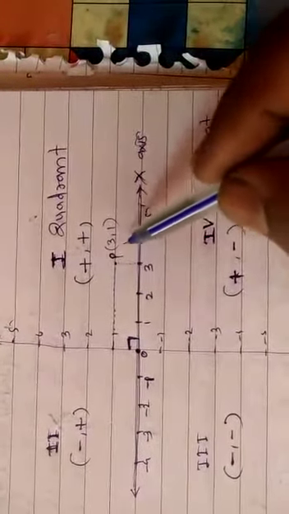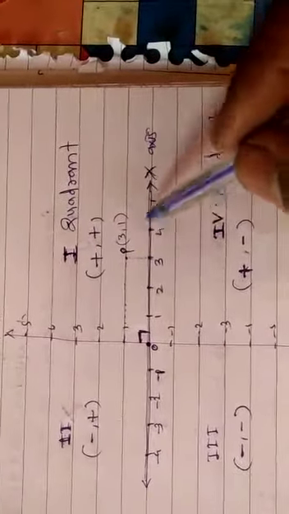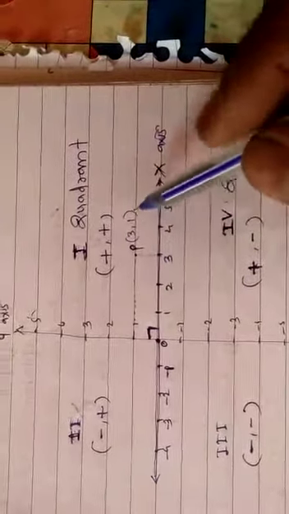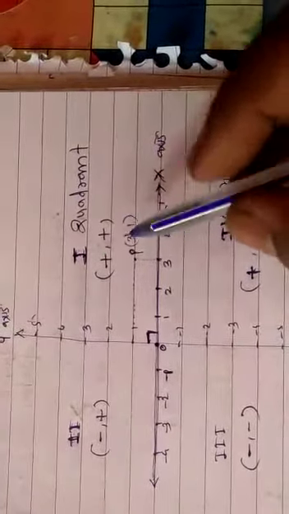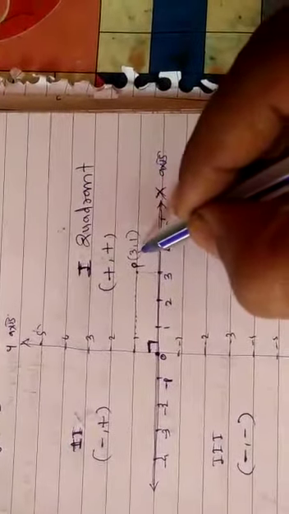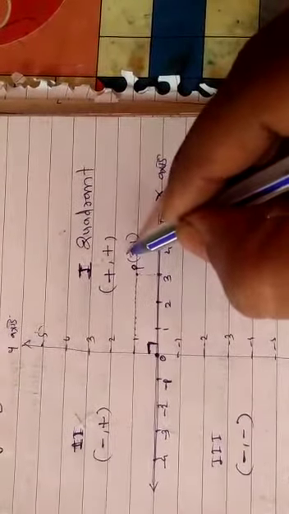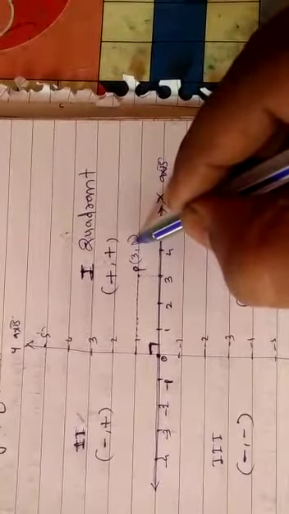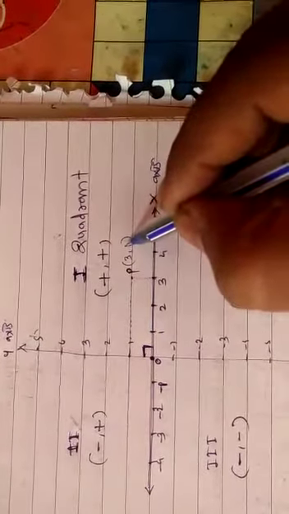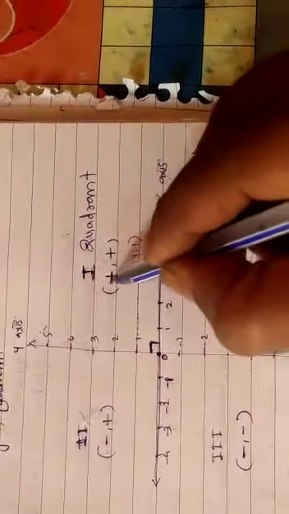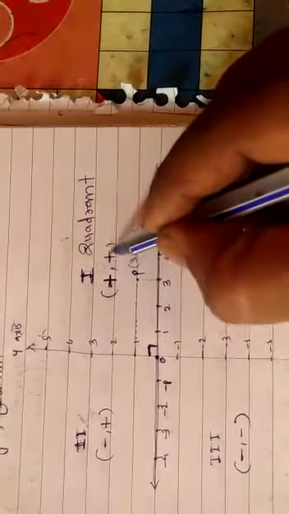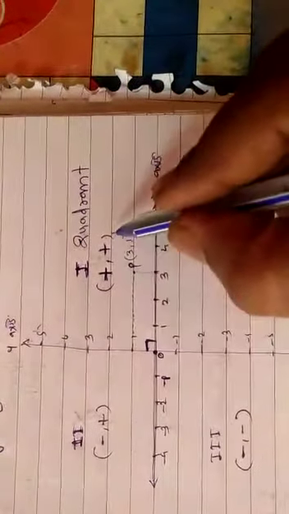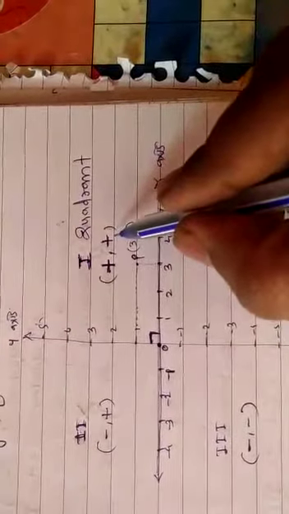You always write the x-coordinate first at any point. In the first quadrant, the x-coordinate is positive and the y-coordinate is also positive, so we write plus, comma, plus.